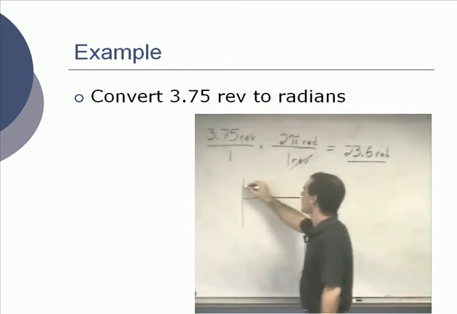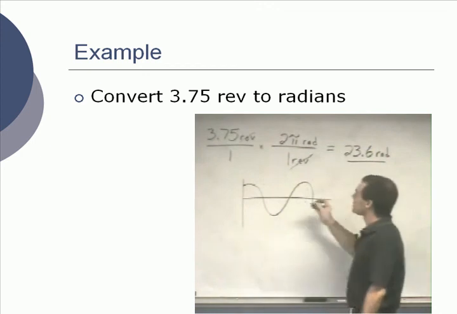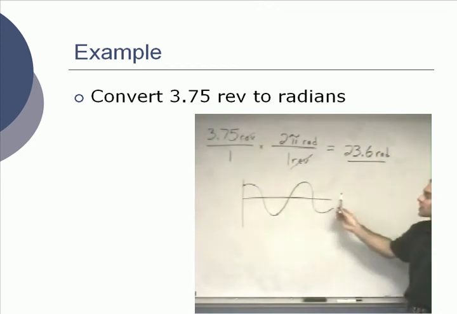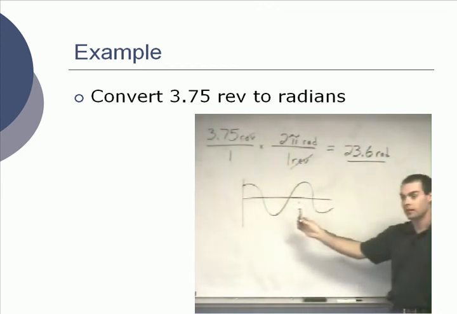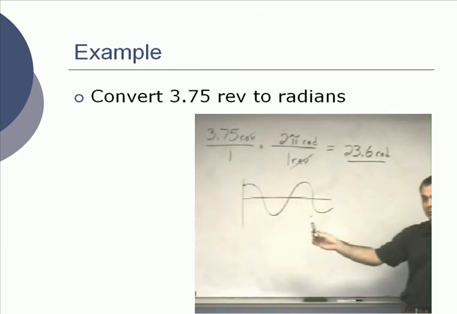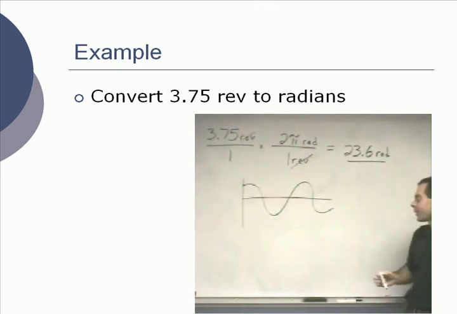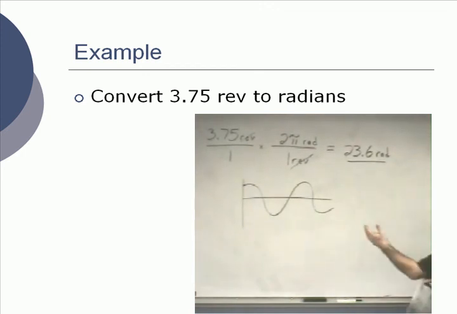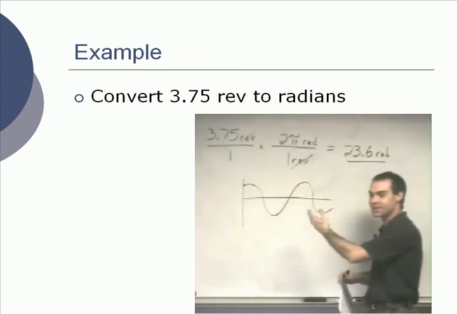For example, the sine wave. The sine wave is more easily represented in terms of radians than it is in degrees. What's that? Oh, man. The cosine wave. The cosine wave can be more easily viewed using radians than it is in degrees.